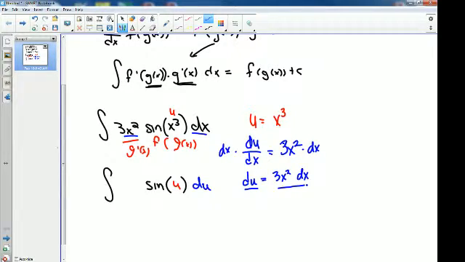So I have two substitutions happening here. I've got the u, which I've declared originally, right? And then I do a derivative, and I get to cancel out the rest of the x's, or substitute the rest of the x's with a u as well. Okay. Is this a lot more simple than this one?